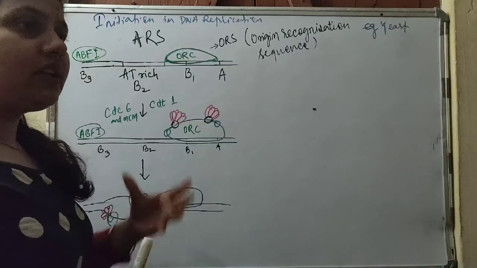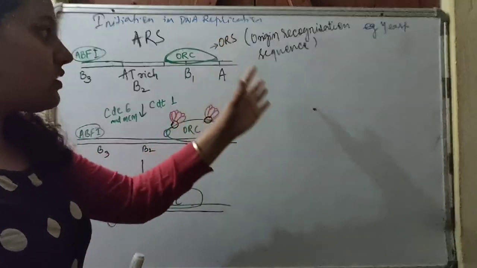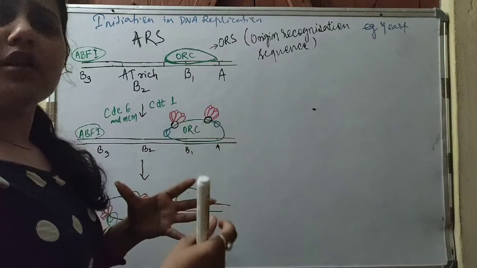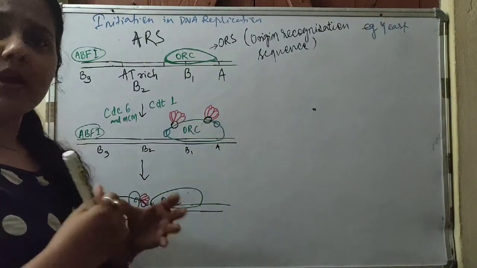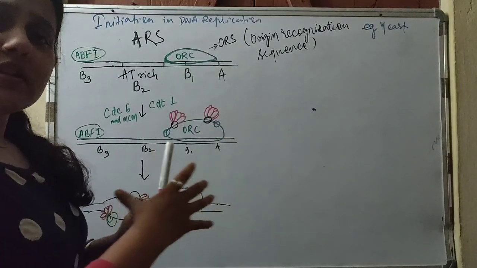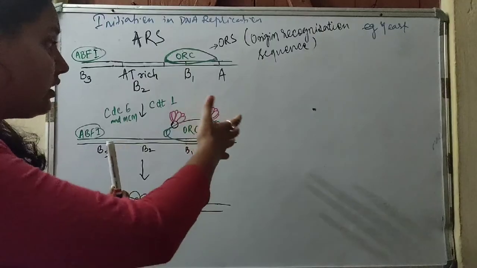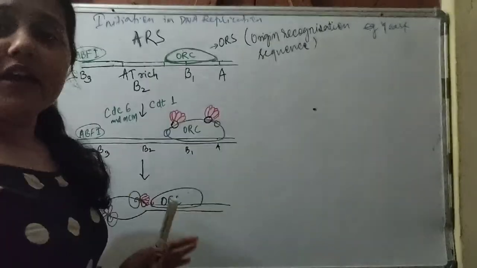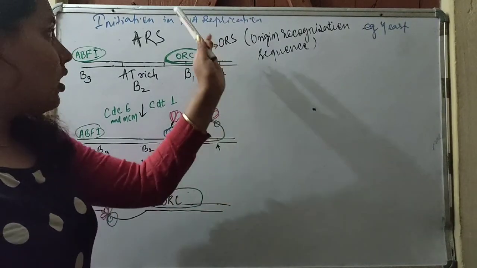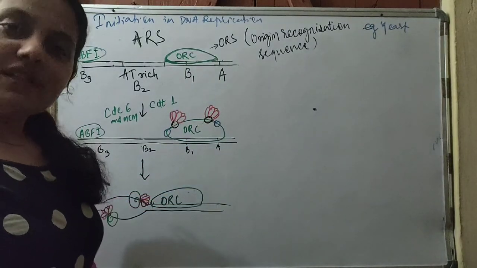So if we study the process of initiation of DNA replication in the lower living eukaryote, then it might be somewhat similar to the higher living organisms also. They might also follow the same rule, and it has been stated that there are some similarities between the initiation of replication in yeast and the higher eukaryote. So while studying replication in eukaryotes, we mostly take the example of the yeast cell.